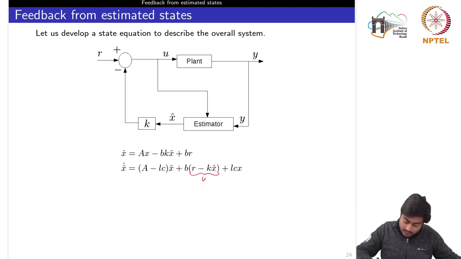Now here we have also replaced u by r minus K x hat, and the last term is Ly, or we can write y as Cx. So you can see this is the plant plus controller, and this one is your estimator.